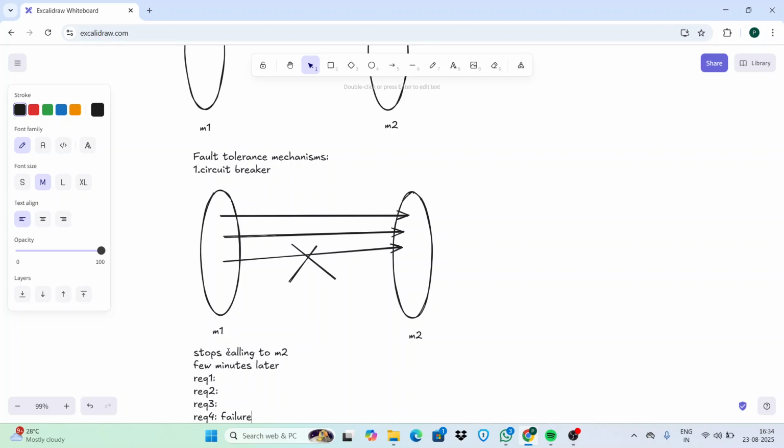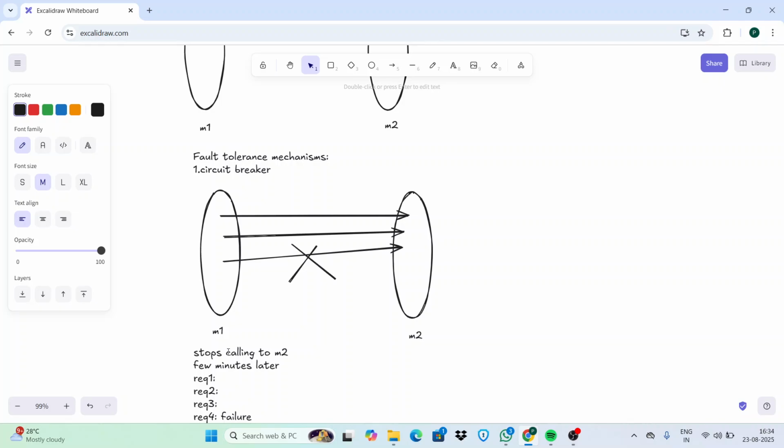So instead of that, the circuit breaker stops calling M2, releases the resources of M1 and decreases the burden on M2, so that microservices M1 and M2 do not hang up and do not crash.